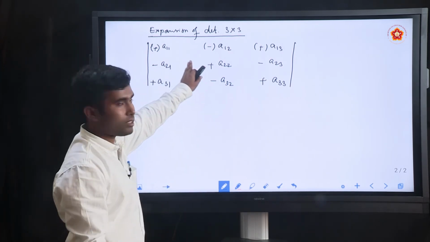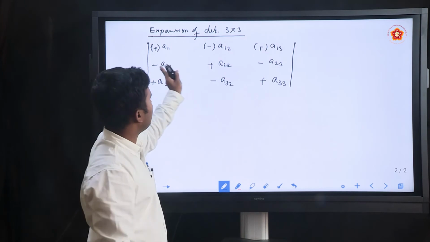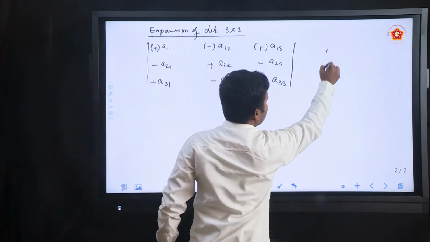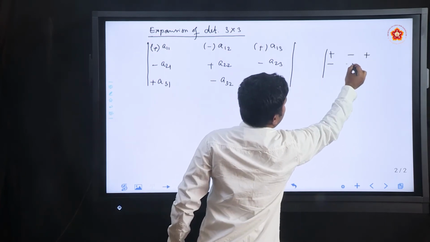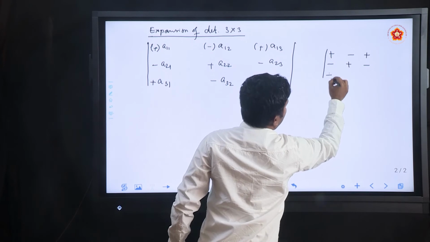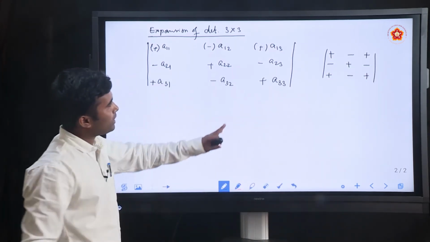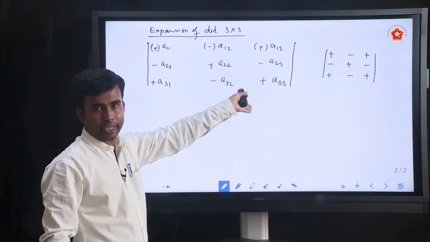If you remember this sign notation, it will be easier for us to expand in any row or any column. Simply we can write it as plus minus plus, minus plus minus, plus minus plus. You just remember this, so it helps to expand the determinant in any row or any column.